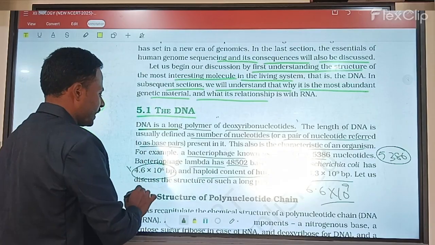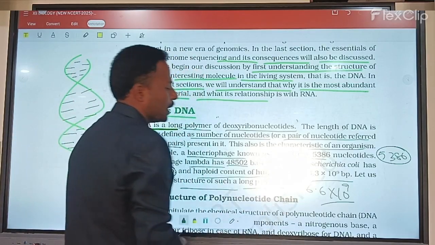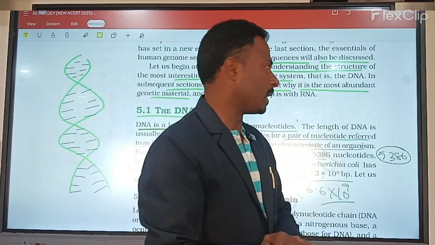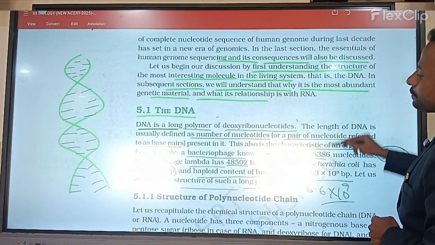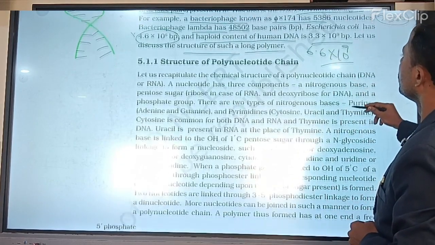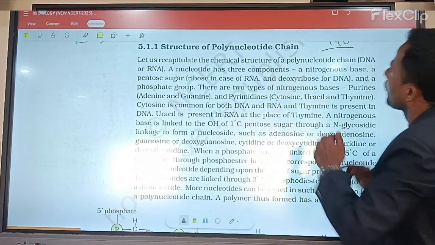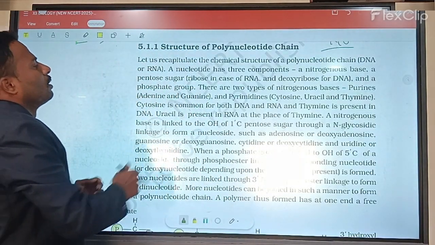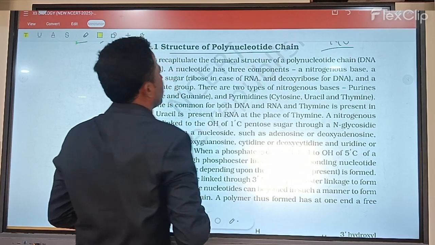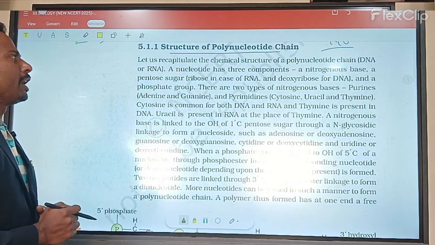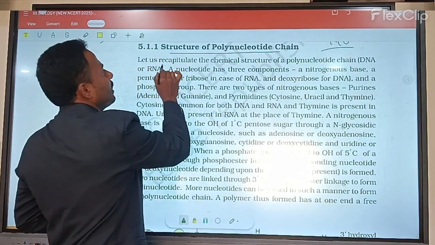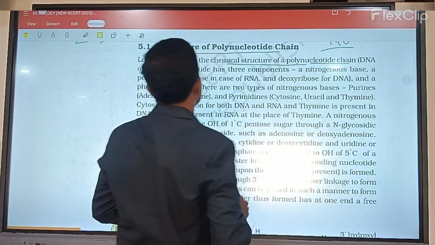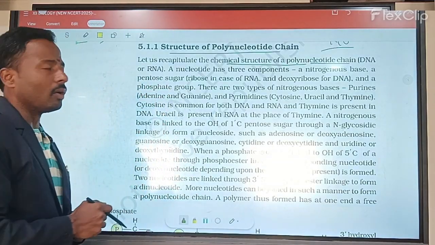Okay, let us discuss the structure of any polymer. Let us start with the structure of the polynucleotide chain, the chemical structure of a polynucleotide chain, that is, DNA or RNA.